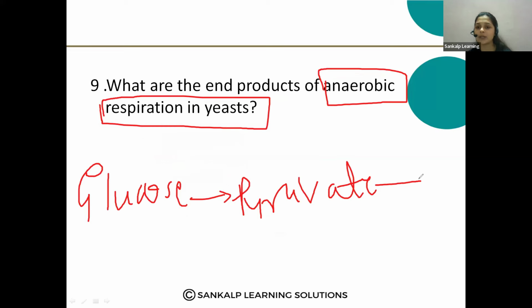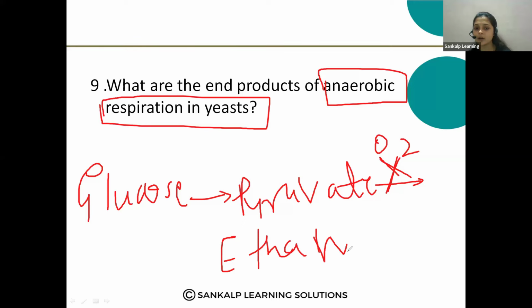Pyruvate, in the absence of oxygen, will produce ethanol. That is an alcohol, right? Ethanol, and carbon dioxide, and a small amount of energy is released in this process.